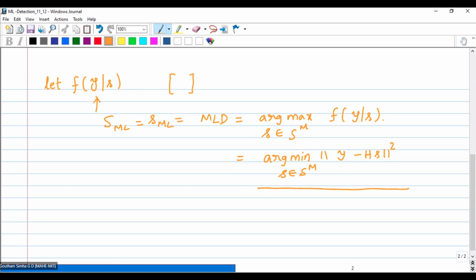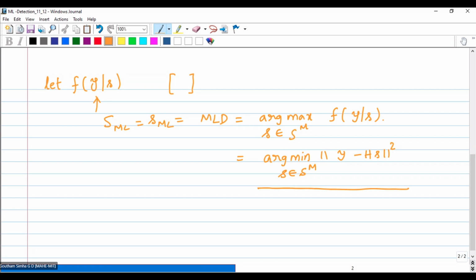Maximum likelihood is nothing but identifying the minimum distance of the symbol that is detected with respect to the symbol that is radiated. What do you mean by argmax of f(x)? It represents the argument x or s that leads the function f of s to its maximum, or minimum value.